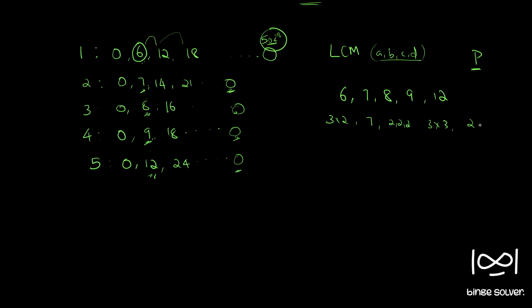This is 2 into 2 into 3. Now pick up numbers that form the numbers with the minimum factors. So we first pick 3 and 2, then we pick up 7. Here 2 is already there, so we don't have to take that. One more 2 is coming, so we take it, then one more 2.